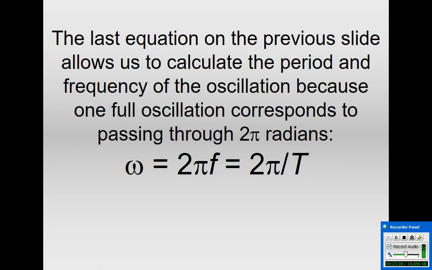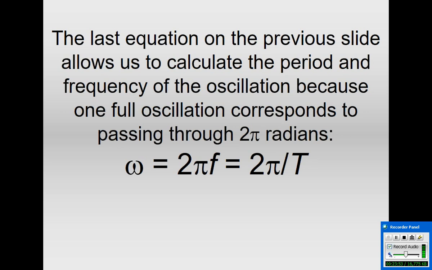There is a relationship between that angular frequency, omega, and regular frequency. This is really one of the great annoyances in simple harmonic motion. There is the quantity angular frequency, and there is the quantity frequency. They are not the same, although they are closely related.